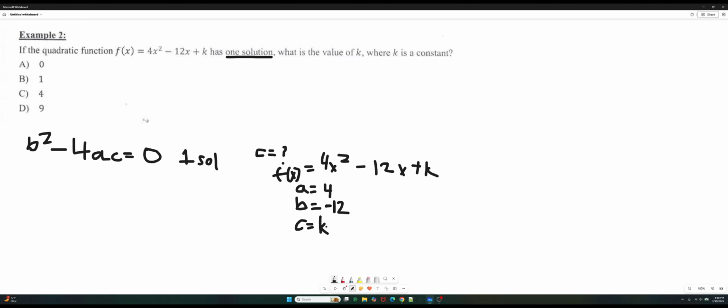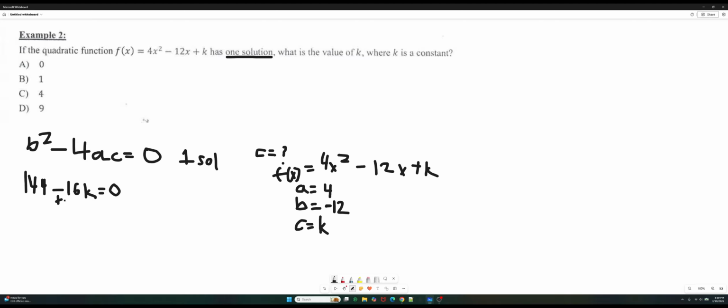So now we're going to plug these into the discriminant formula. So negative 12 squared, that's 144, minus 4 times 4, that's 16, and then c is k, so we're just going to add k there, equals 0.